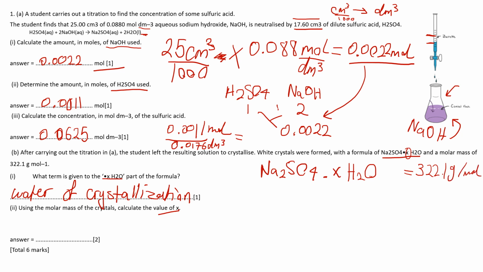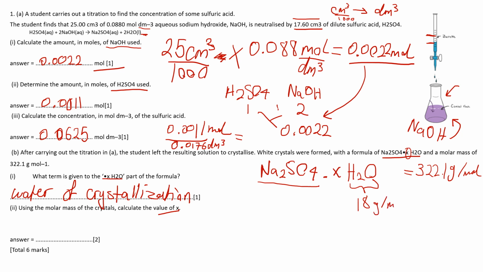What we do in this type of question is we look at the molar mass for this bit first, and then we always know that the molecular weight or molar mass of water would be 18 grams per mole.